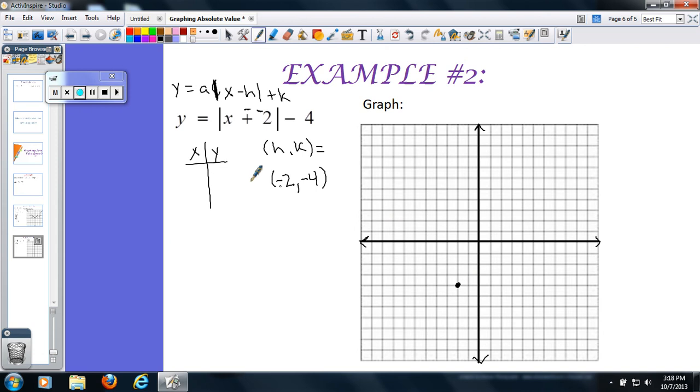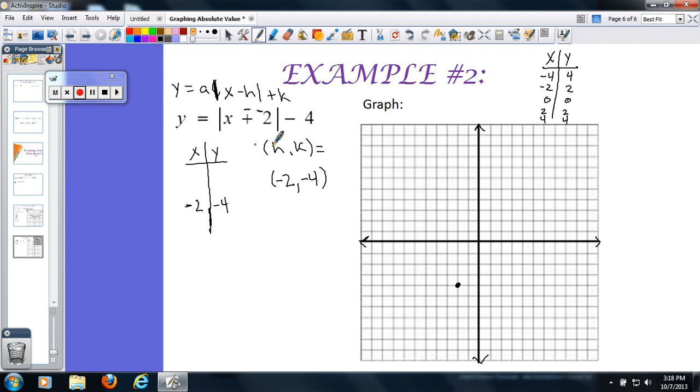Now, my parent graph, we did negative 4, negative 2, 0, 2, and 4. And this was 4, 2, 0, 2, 4. Now let's look at our new one. There's going to be an actual pattern here that you should be able to recognize. So now my vertex is at negative 2 and negative 4.